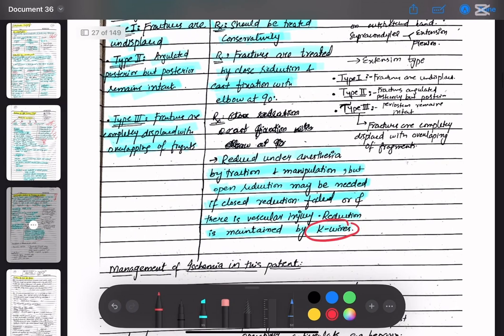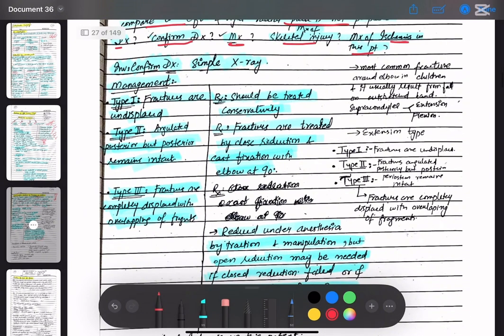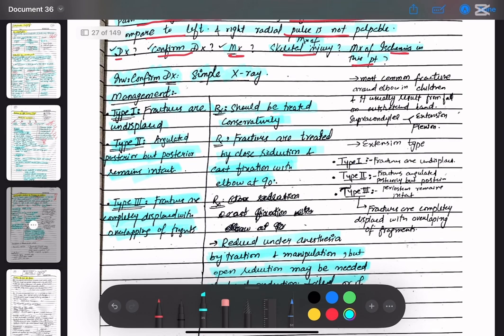Okay. It is the most common fracture around elbow in children, and it usually results from fall on outstretched hands. It is supracondylar, extension and flexion types. Extension types are type 1, in which the fractures are undisplaced. Type 2 fractures are angulated posteriorly but posterior cortex remains intact, and in type 3 fractures are completely displaced with overlapping of fragments.